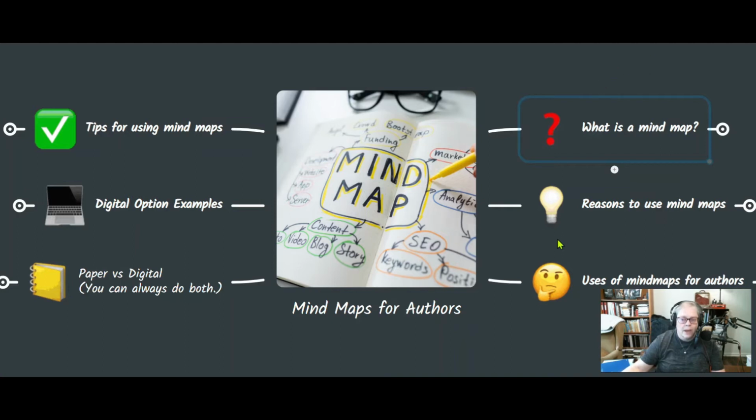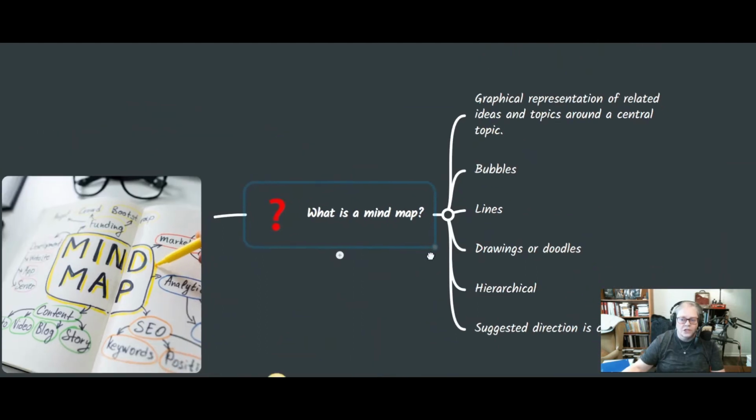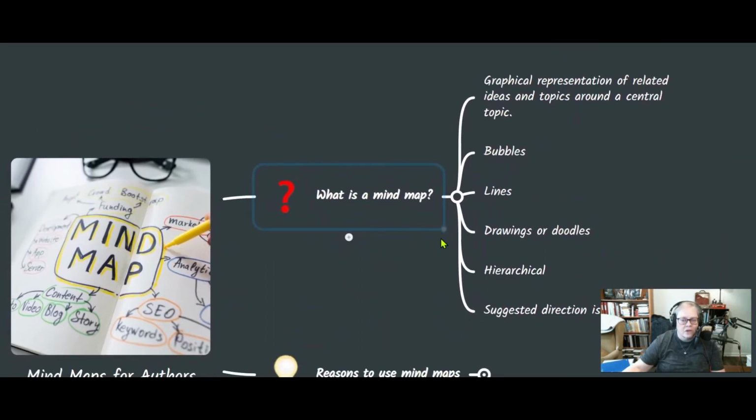So a mind map is simply a graphical representation of related ideas and topics around a central topic. So the central topic for this mind map is mind maps. It usually traditionally has bubbles like this one right here, lines connecting things together, drawings or doodles.